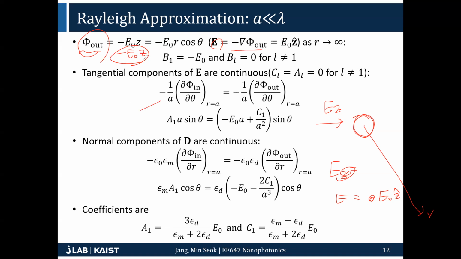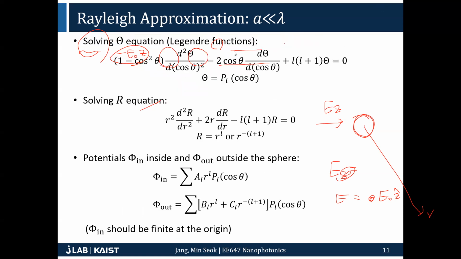And from this relation, we know that B1 is minus E0, and all the other terms must be 0. How this is clear is if you look at this term. When R goes to infinity, all these terms become irrelevant. So from this boundary condition, we cannot determine C_L. No matter what value C_L has, it wouldn't affect the boundary condition at infinity.